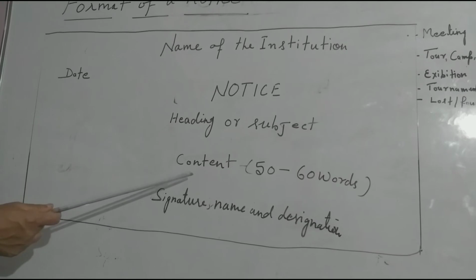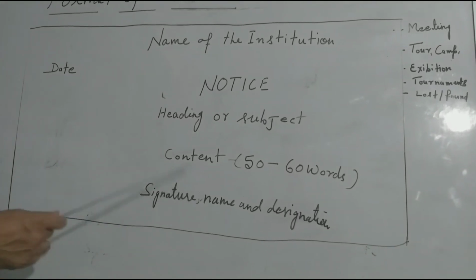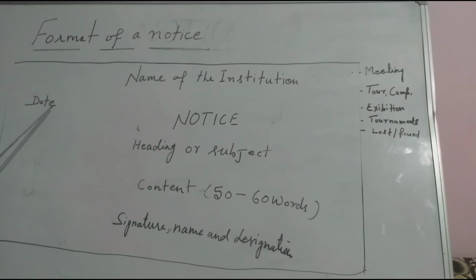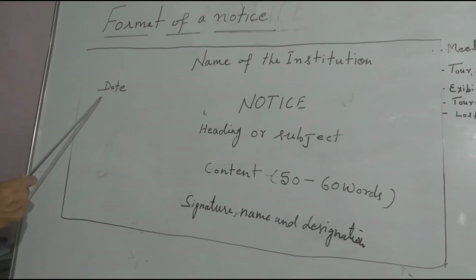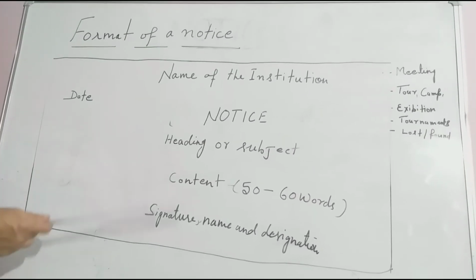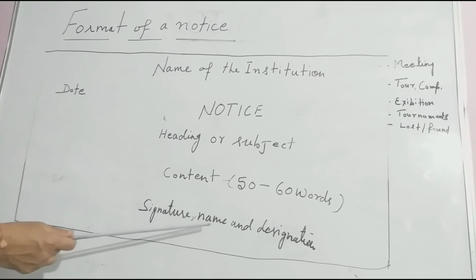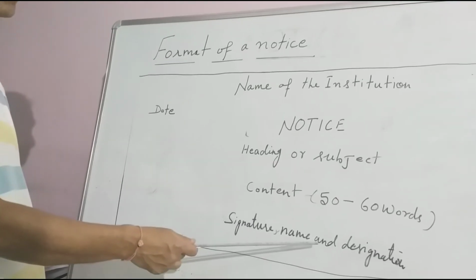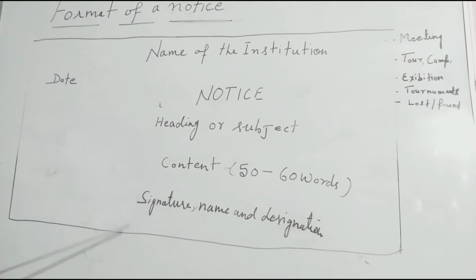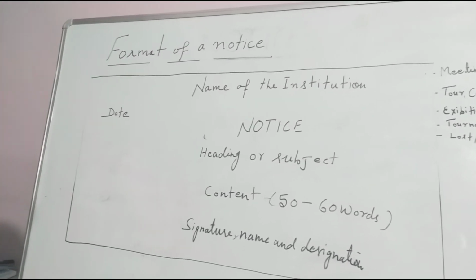And fourth step is the content, that should be in 50 to 60 words. The subject matter, or you can say the body of the notice, that is content. And on the left side, on the top, you have to write the date of issuing the notice. And at the bottom of this notice, signature of the person who is issuing the notice, name and designation, and this name should be in block letters within the brackets. So in this way, there are 1, 2, 3, 4, 5 steps in notice writing.